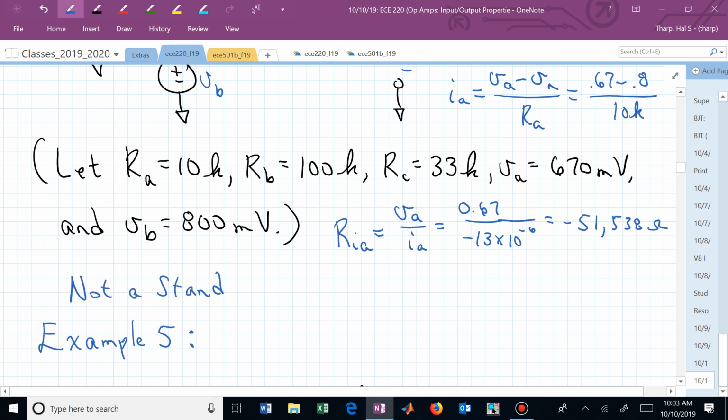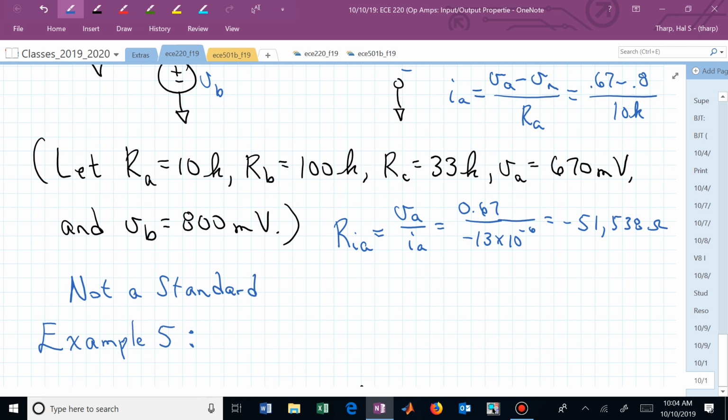So this one, let's just say, is not a standard. And the reason it's not standard is you probably aren't going to be designing this, in this case, to be charging your voltage sources. You probably want your voltage sources to be helping the circuit perform instead of going the other direction.